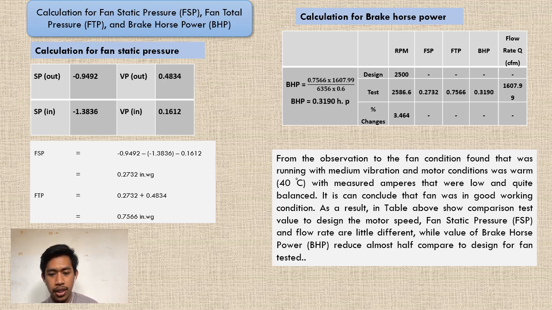So the observation, the condition was grounding, the median variation motor condition was 140 degrees. As a result, the table shows the comparison of test values to the design motor speed; static pressure and flow rate show a little difference, while the value of brake horsepower reduced almost half compared to the design for the fan test.